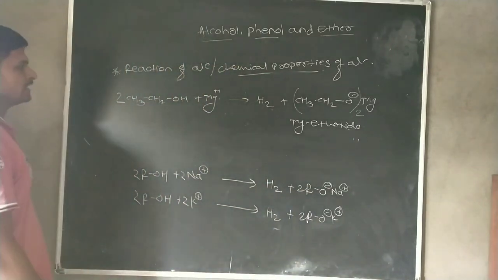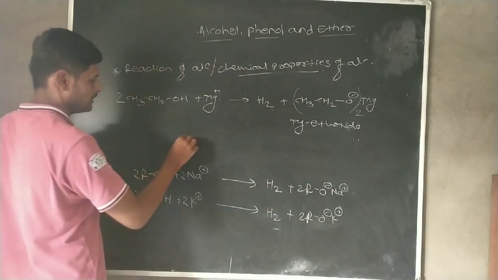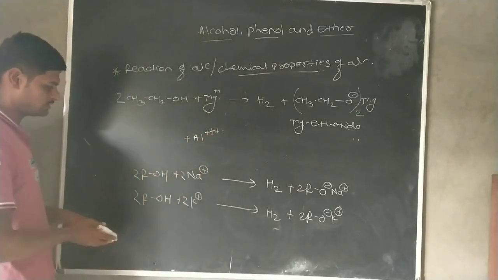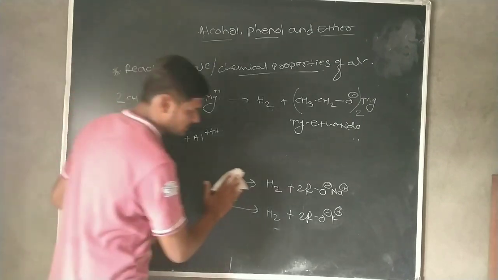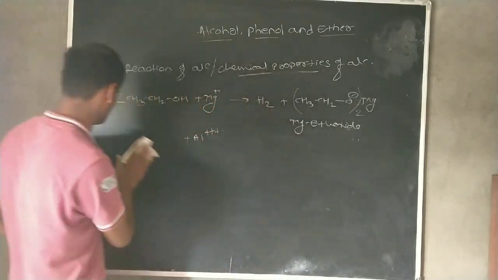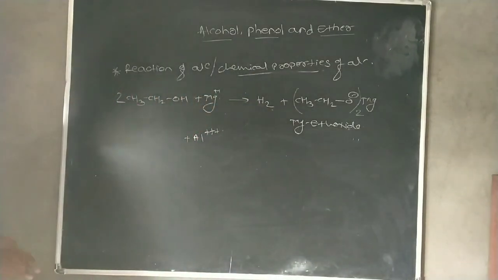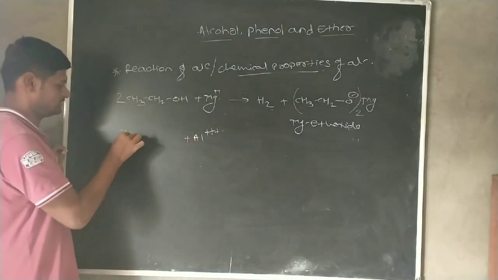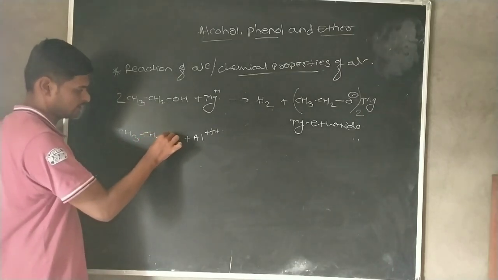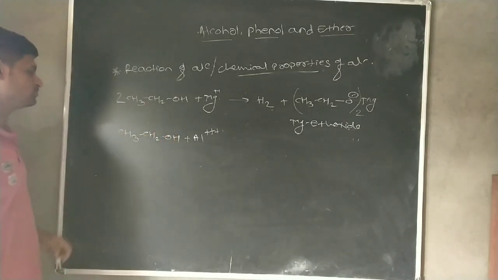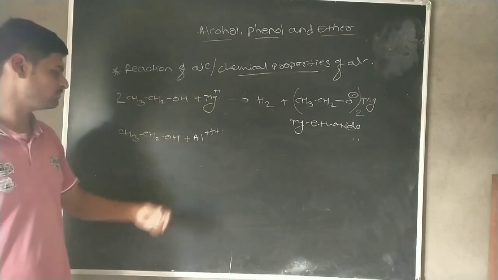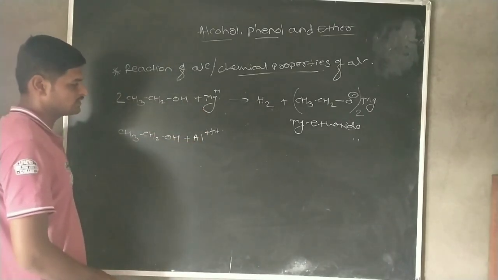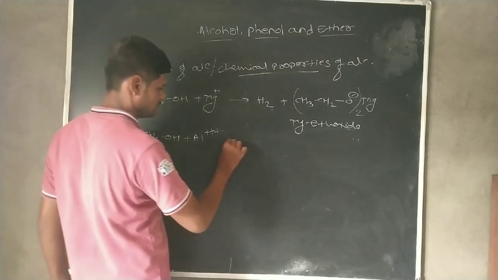After that, we see the reaction of aluminium. Aluminium shows the +3 oxidation state because 3 electrons are donated from its outermost shell. For this Al3+, we can take any kind of alcohol for reaction with the metal.